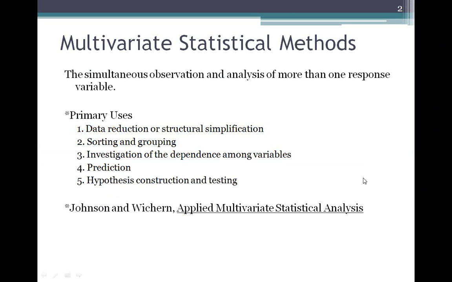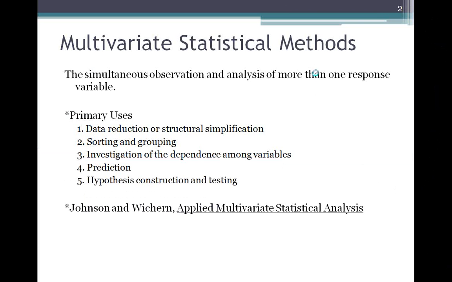Very, very useful, very, very widely used, particularly in the areas of data mining. Other uses, you can read them here: investigation of the dependence amongst variables, prediction, hypothesis testing, and so forth, are sort of sprinkled in throughout the webinar as secondary goals, perhaps, of what we're trying to do with these statistical methods.